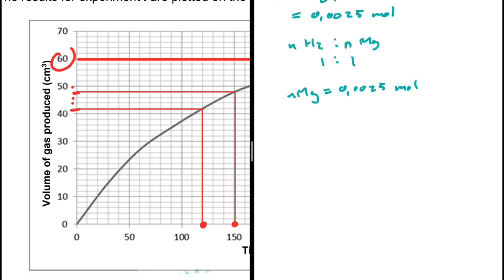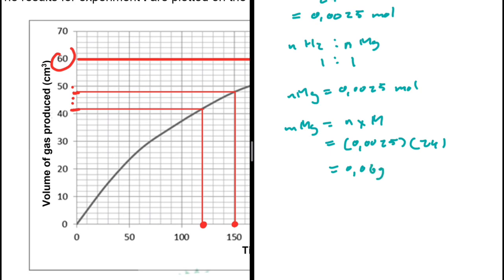The mass of magnesium that was used will be the number of moles multiplied by the molar mass. The number of moles is 0.0025. The molar mass of magnesium is 24. So we multiply by 24, which is equal to 0.06 grams.